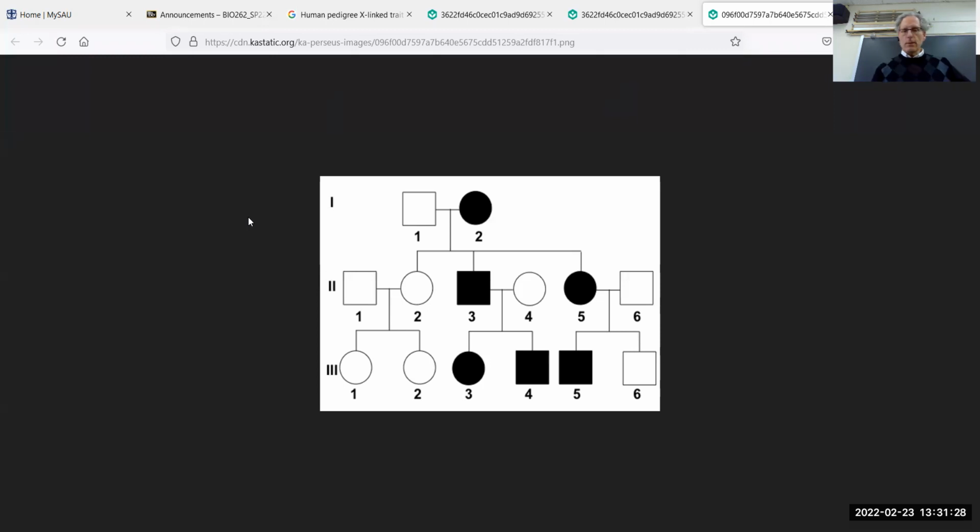Okay, folks, let's go ahead and get started. So the first chapter in the Maclaury book talks about different types of inheritance patterns. So I have here some pedigrees, and I hope we can use these to try and figure out different types of inheritance patterns of these three different traits.